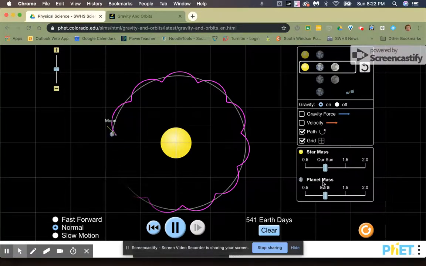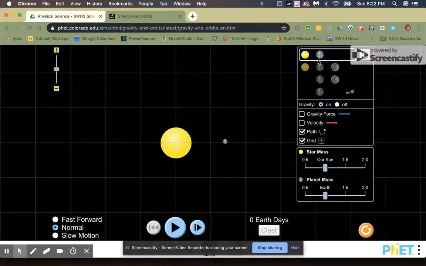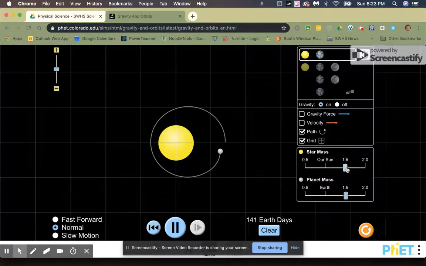With this on and the different paths, we're going to pause this and then go back to just Earth and Sun here. When you hit play, it could be kind of fun, and a good suggestion to start with would be just manipulating the mass of the two different bodies here. By manipulating it, you'll actually see the orbit change with the path on, and sometimes you'll get a crash.